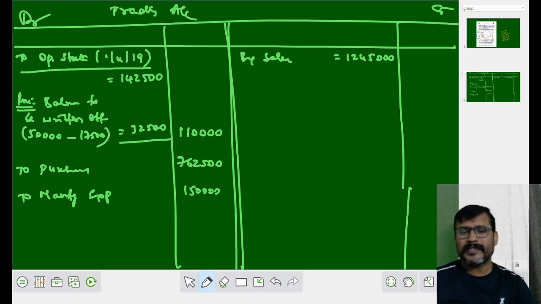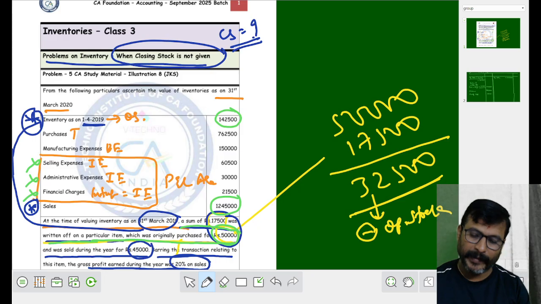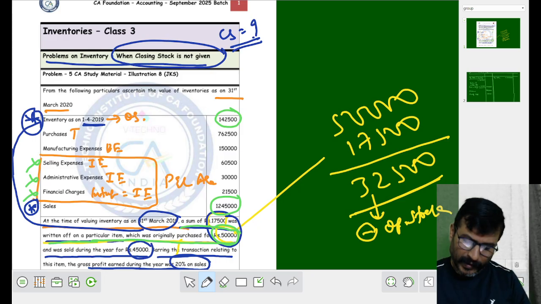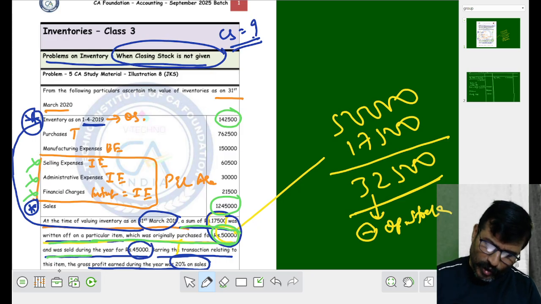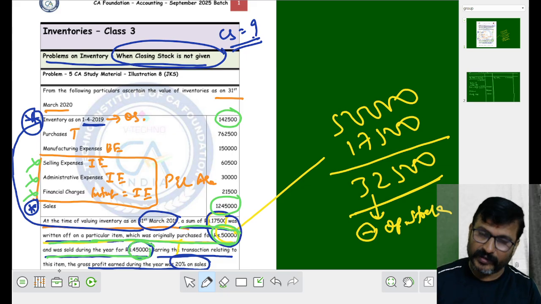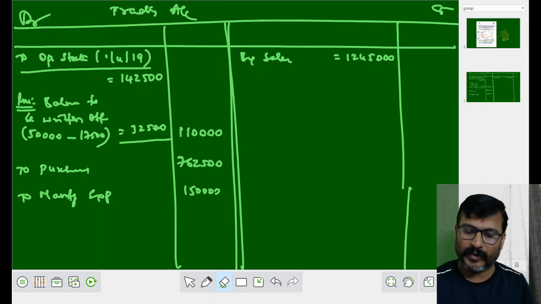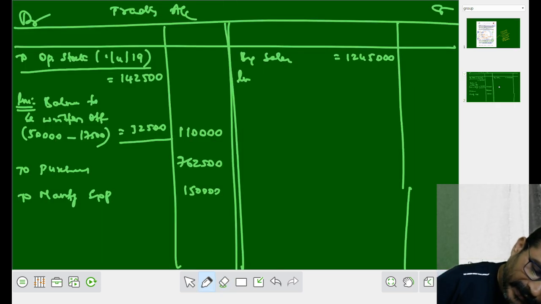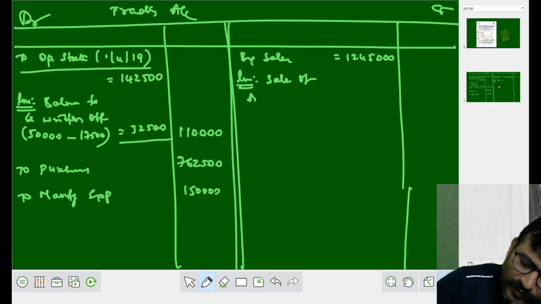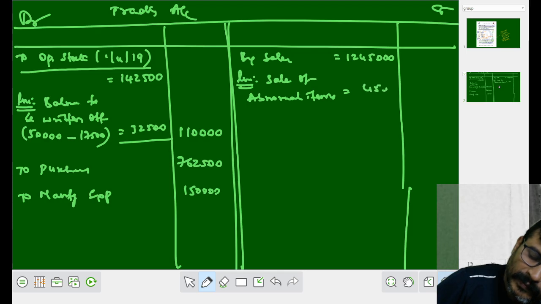12,45,000. Sir, why have you taken it in the inner column? See my dear student, because sold during the year is 45,000. Whatever items you have written off, that is being sold for 45,000. That is to be subtracted. Less sale of abnormal items, 45,000.